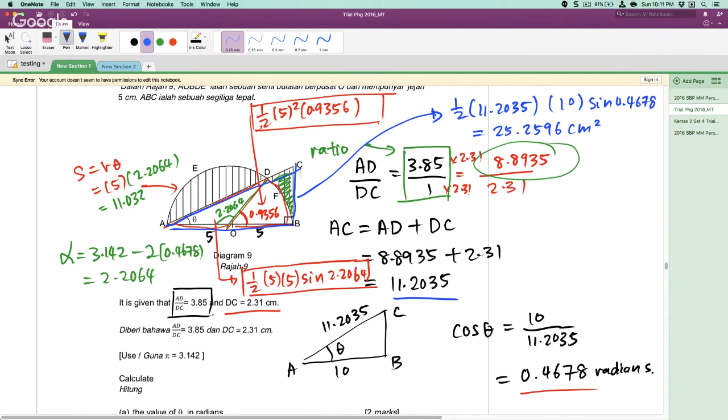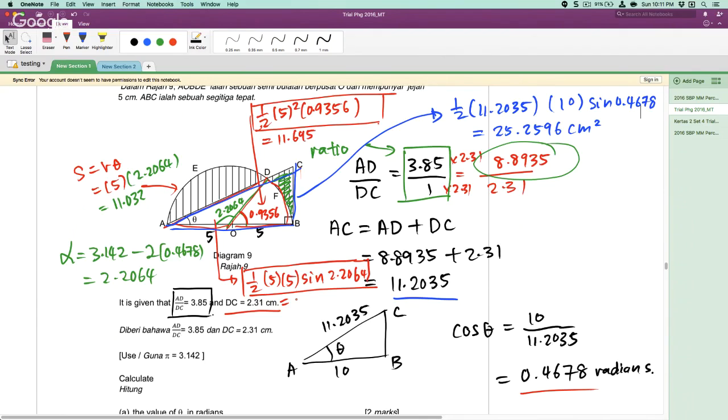And then this small sector here, I will just write at the bottom here. Half times 5 squared times 0.9356. So this one is basically 11.695.